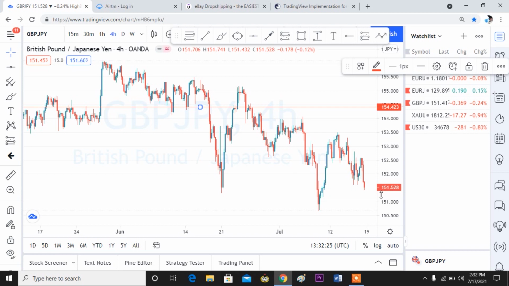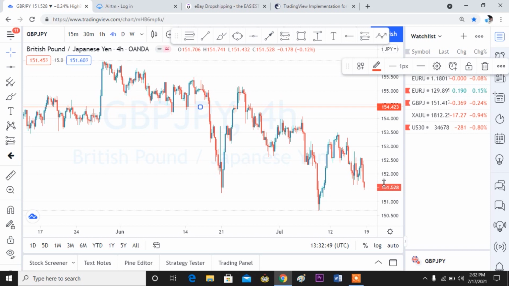Remember I said people tend to buy a product or bargain price at a whole number or round number like 151.0 or 151.5. You don't want to say, okay, let me pay 151.7, 151.3 and all those things.